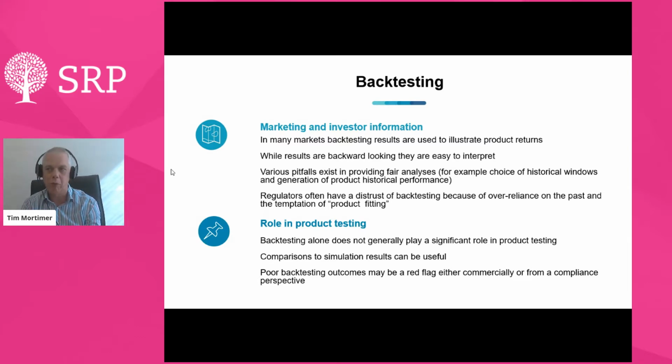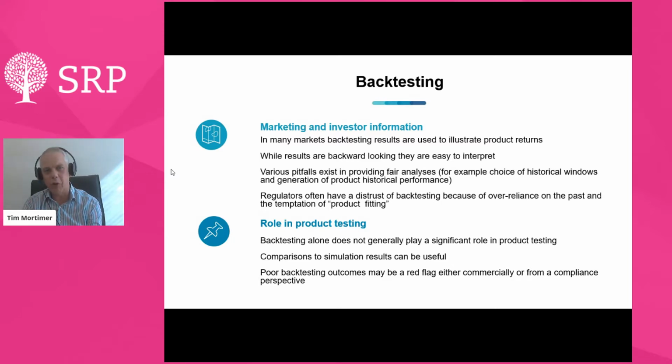There are various pitfalls. How far back do you go? Is it valid to assume the same product would have been available in the past? It almost certainly wouldn't have been, but how much of a drawback can that be? Regulators, it has to be said, do have a bit of a distrust of backtesting, because, first of all, the past is no guide to the future, as the phrase goes, but also because which window do you take, and also the temptation of what you could call product fitting.